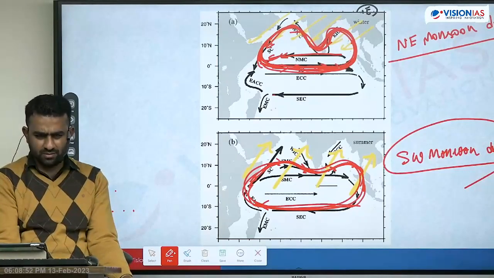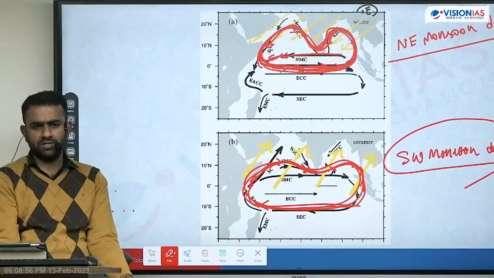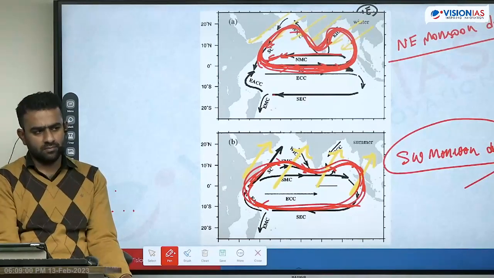Both are opposite, north equatorial and counter equatorial, opposite direction, right? Yes.